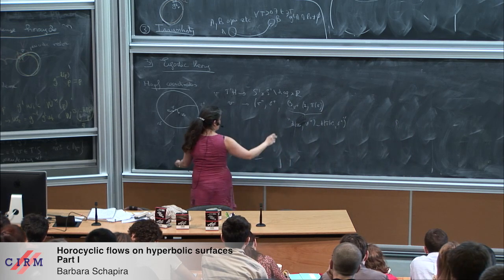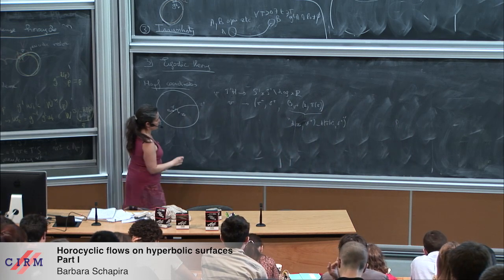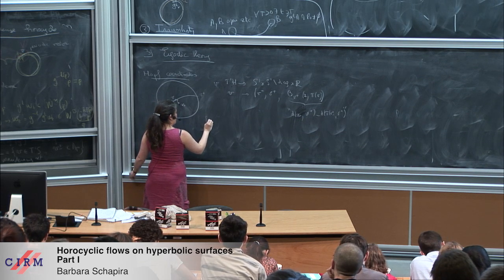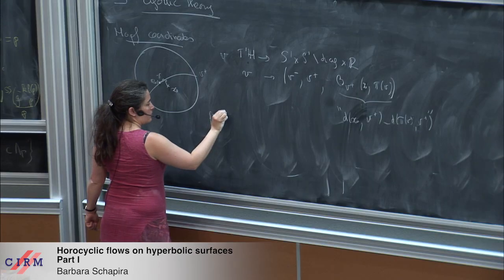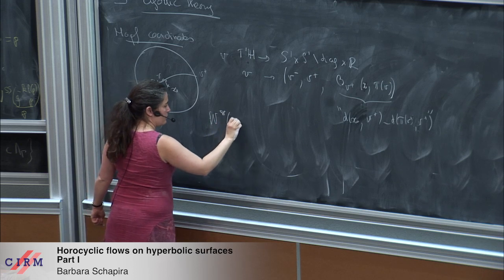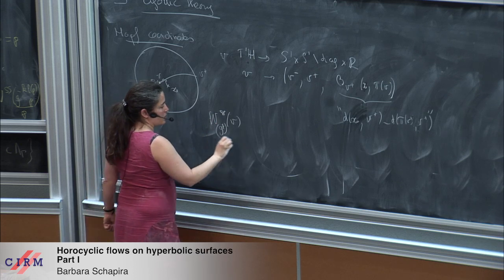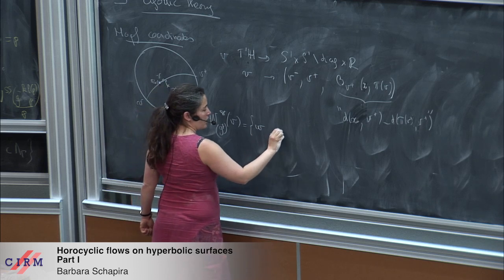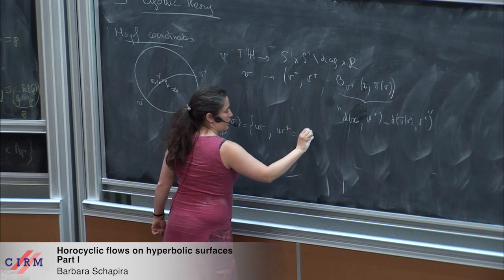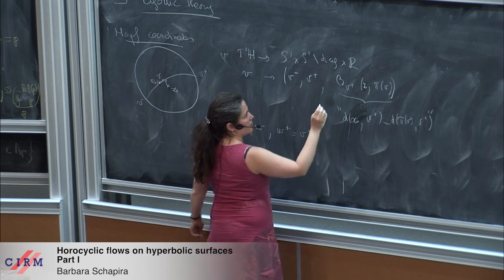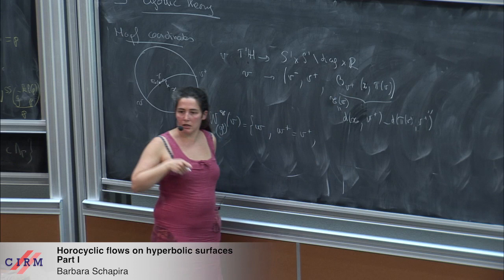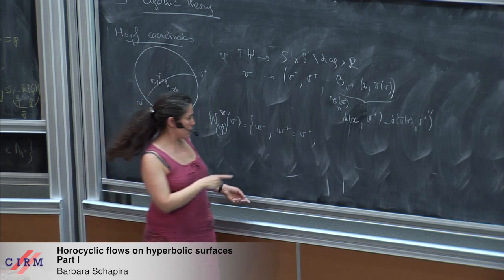It's not exactly the same, but the advantage is that the strong stable manifold of v for the geodesic flow in this coordinate is exactly the set of vectors w such that w plus equals v plus. Let's say that I will call tau of v the real coordinate on the geodesic.